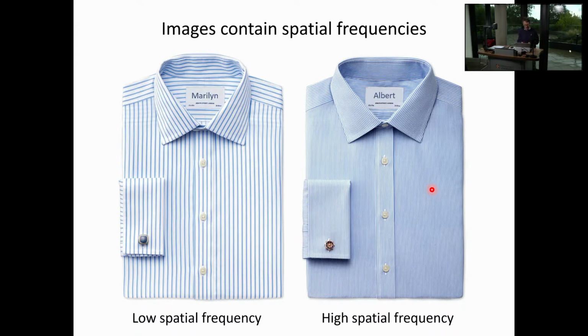cartoon experiment here. So on the left you have a shirt. This shirt here has low frequency detail, so it corresponds to the previous image of Marilyn Monroe. So you have in this direction, let's call this the X direction.